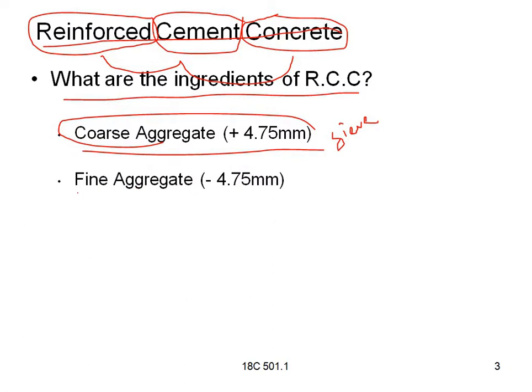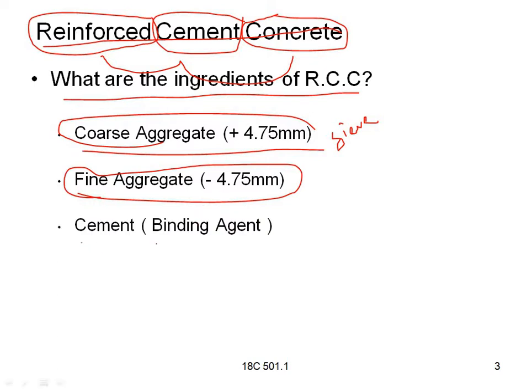And fine aggregate is minus 4.75 mm. So the material above 4.75 mm is called coarse aggregate, and the material below 4.75 mm is called fine aggregate. And the cement is a binding agent material.